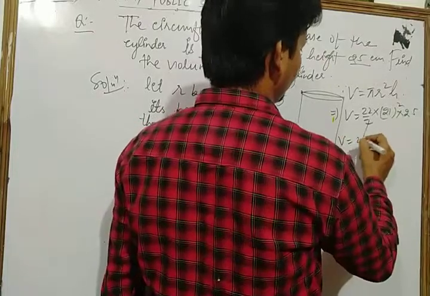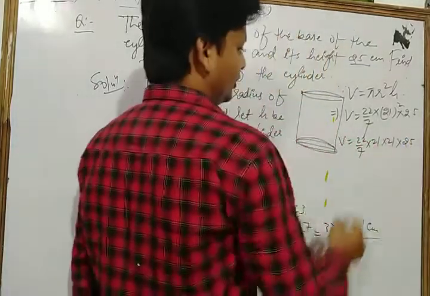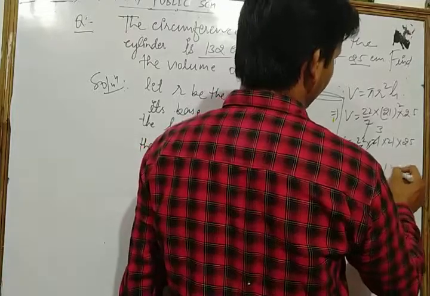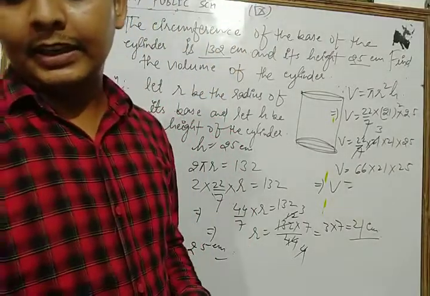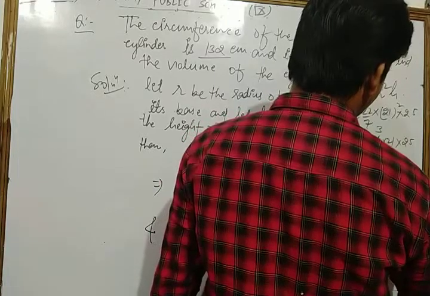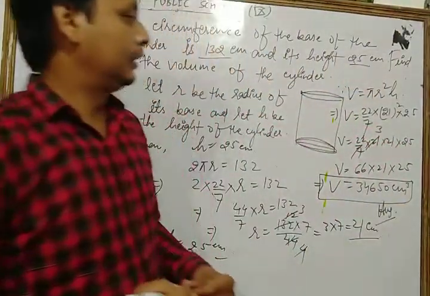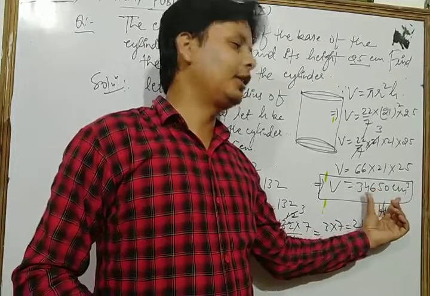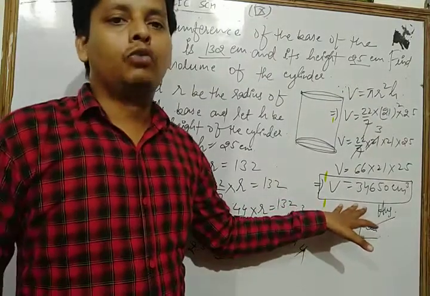So V is equal to 22 by 7 into 21 into 21 into 25. So 7 3s are 21. So V is equal to 3 into 22, that is 66, into 21 into 25. So the volume of the cylinder is 34,650 centimeter cube. Okay, this is the volume of the cylinder.